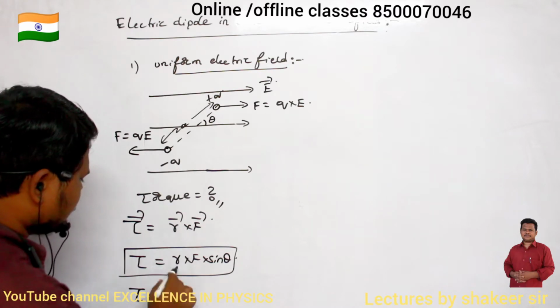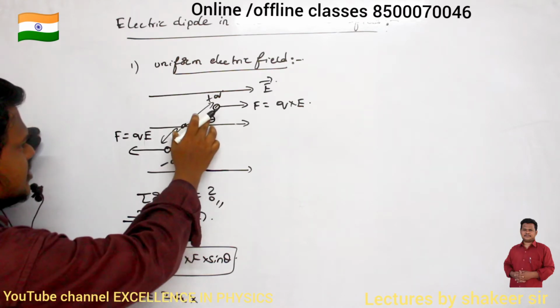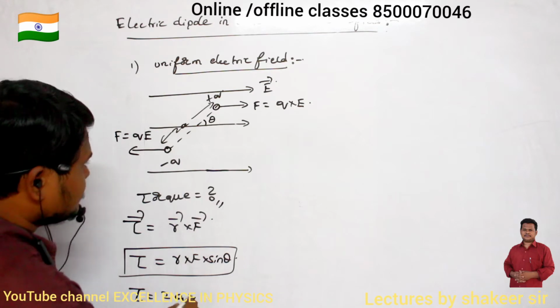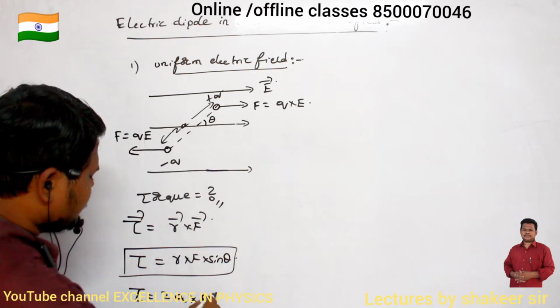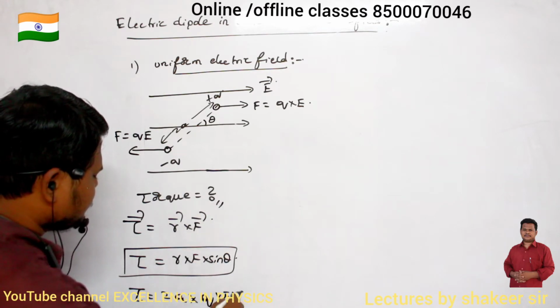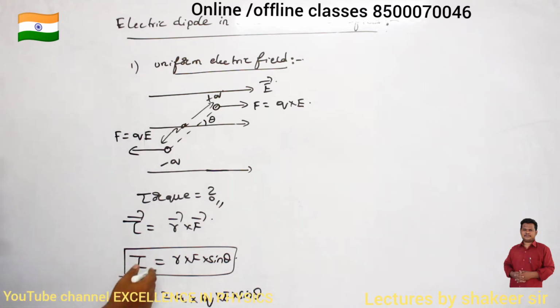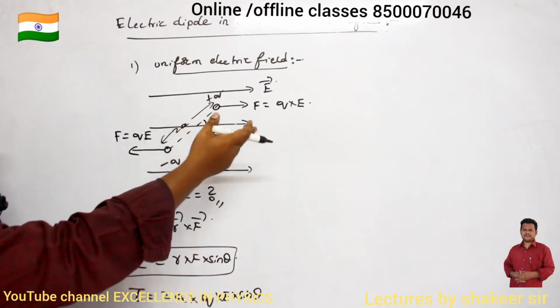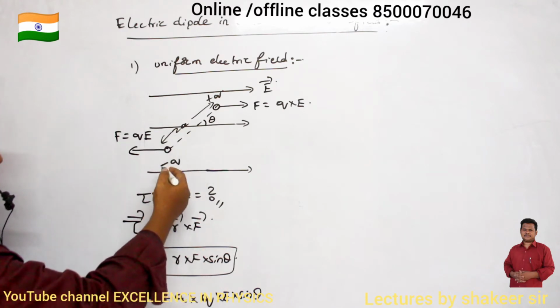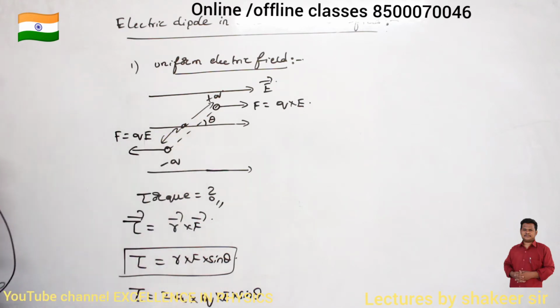This is called r. The force experienced by either charge is how much? Q into E. So torque can be written as r into F into sine theta. Here r is the distance between the two charges, F is the force experienced by any one charge, and theta is the angle between r and F. Are you able to understand?